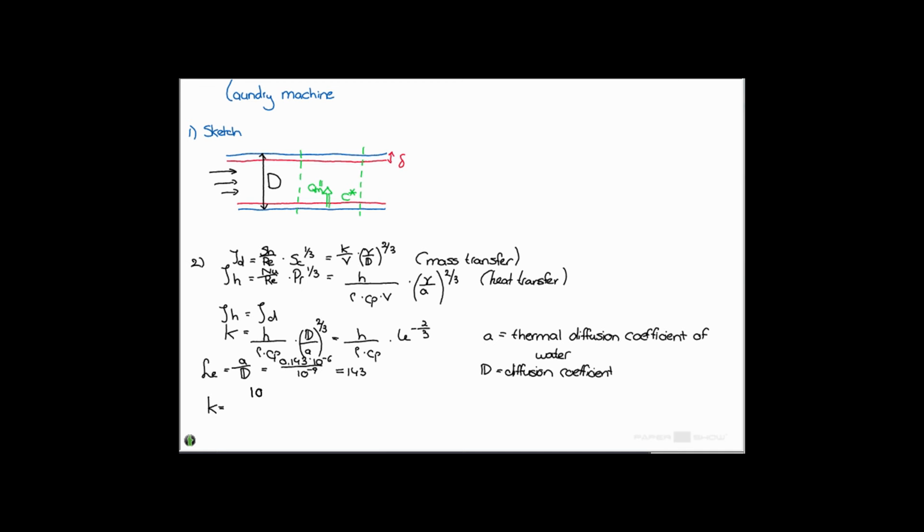Then filling in the rest of the numbers, so h is 10, then the density rho is 2000, and Cp is 4.182 times 10 to the power of 3. And then times 143 to the power of minus 2/3. This equals 4.372 times 10 to the power of minus 8 meters per second.